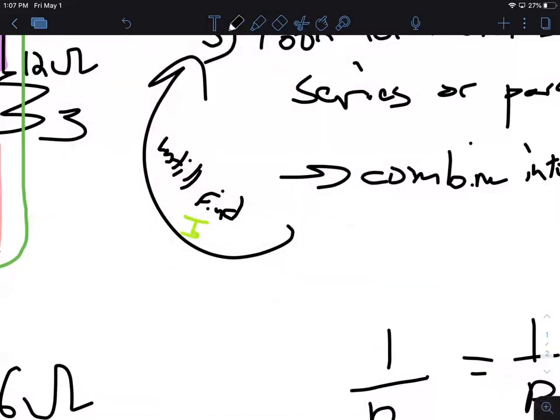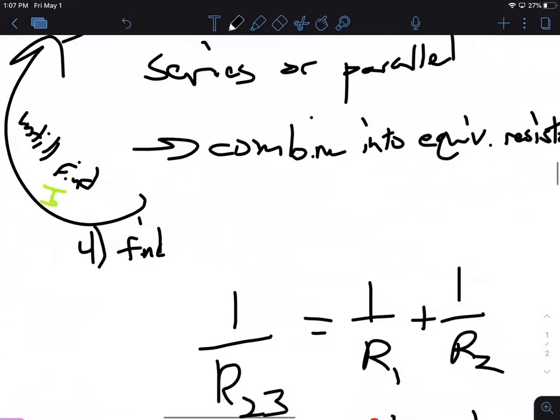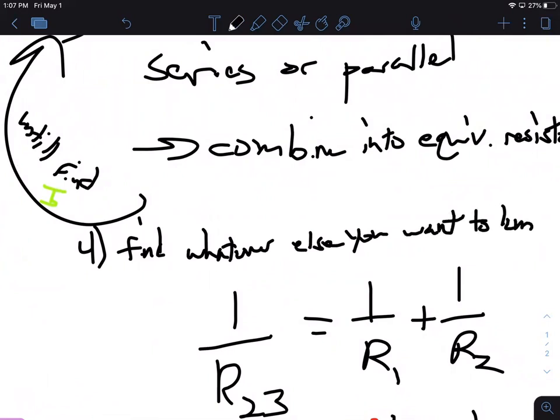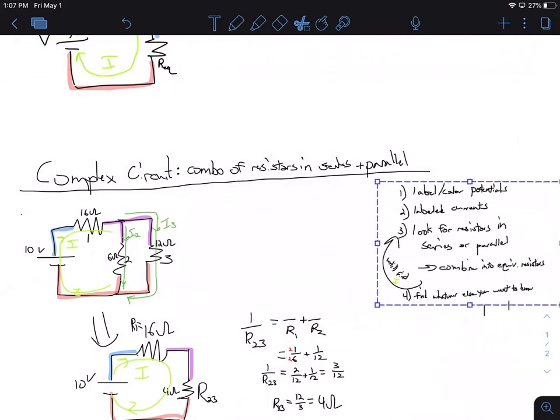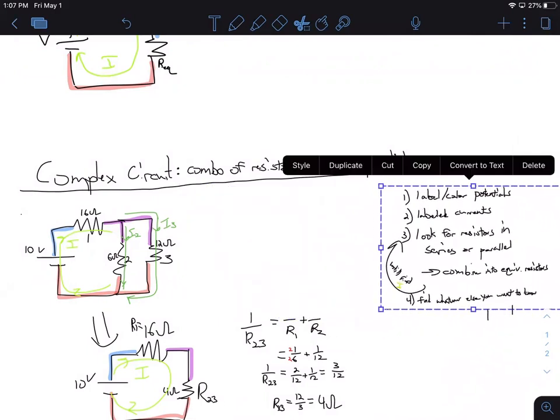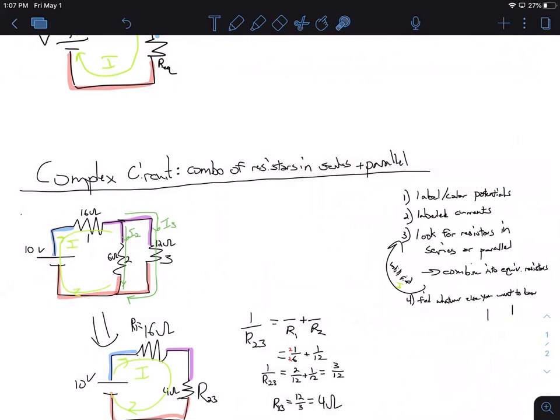Step 4, find whatever else you want to know. I'm actually going to move all this over. Getting so good at this drawing on tablets thing. So I have some room to find that other stuff for this resistor I have here.